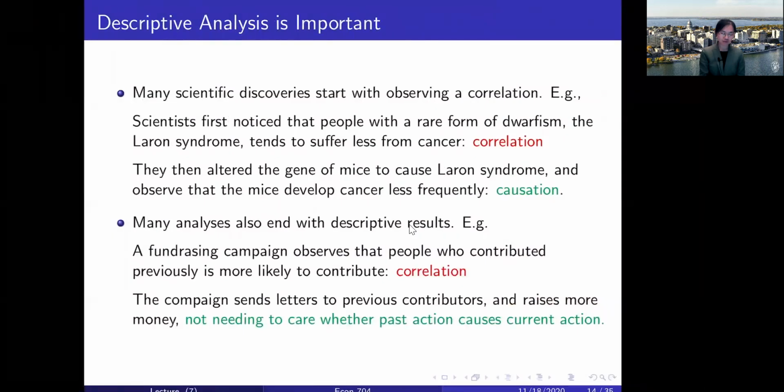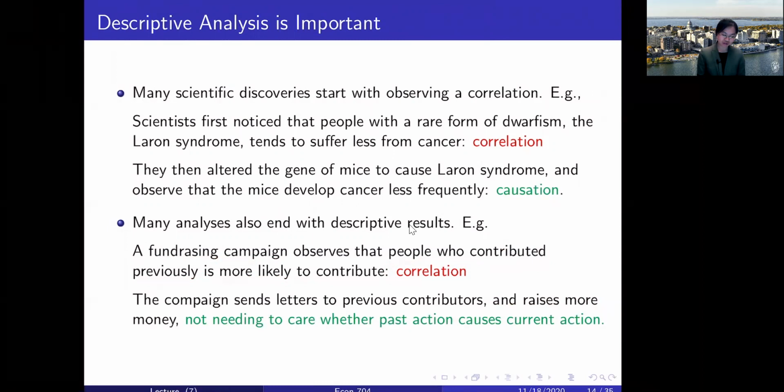For example, a fundraising campaign observed that people who contributed previously are more likely to contribute, so that is the correlation. Then the campaign doesn't care whether contributing previously causes more contribution or not. They do not need to care.